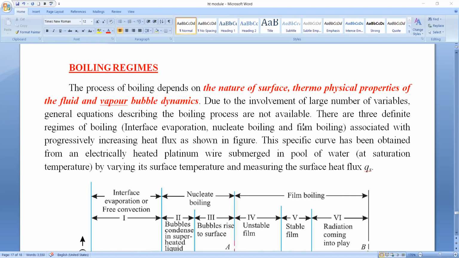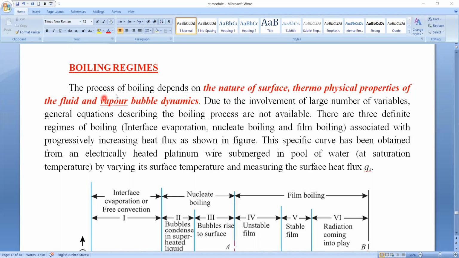The first one is pool boiling, second one is nucleate boiling, third one is subcooled boiling, and fourth one is saturated boiling. In today's class, in lecture number 2, we will see a very important topic, which is extremely important from your examination point of view, that is the regimes of boiling, popularly known as the boiling curve.